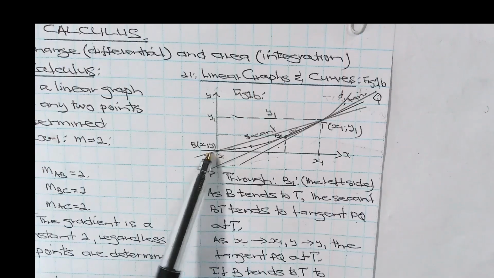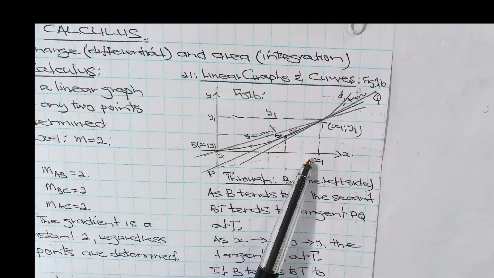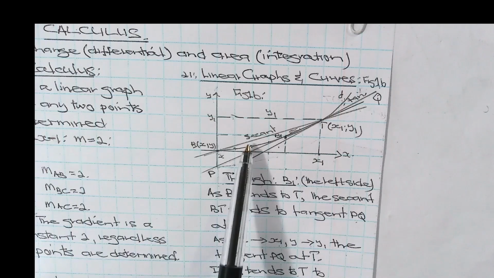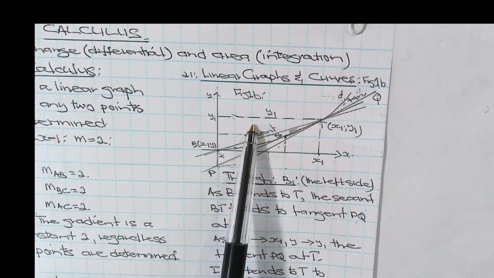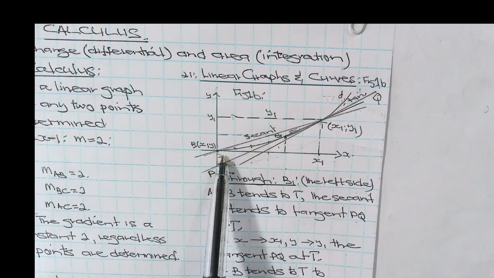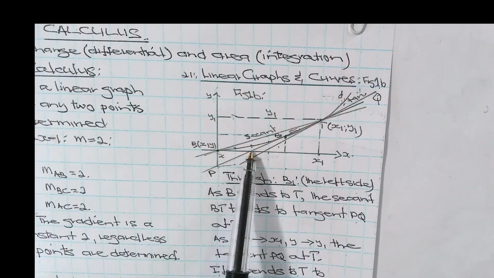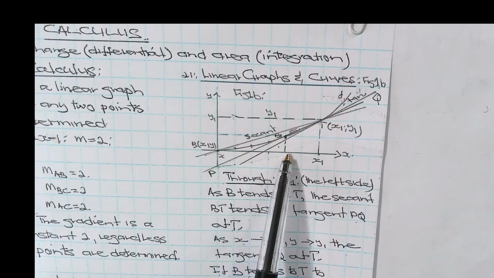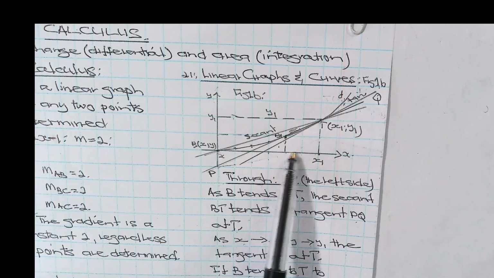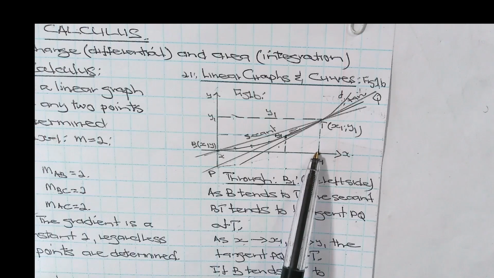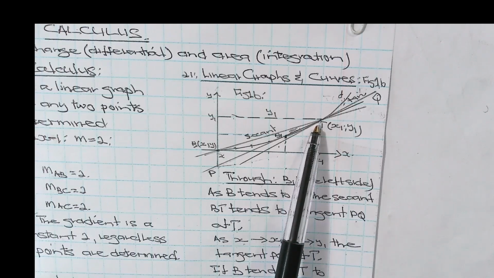As x tends to x1 horizontally, y tends to y1 vertically. If we move x horizontally to be beneath B, then y moves vertically to be at B1, and as we move towards x1, y also rises towards y1.